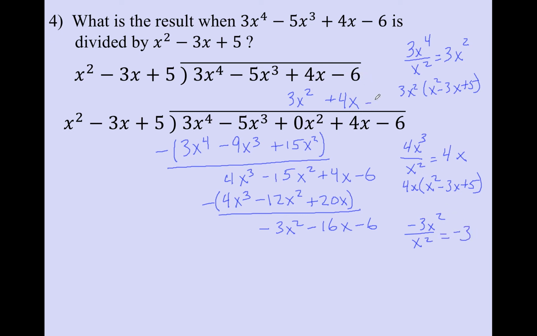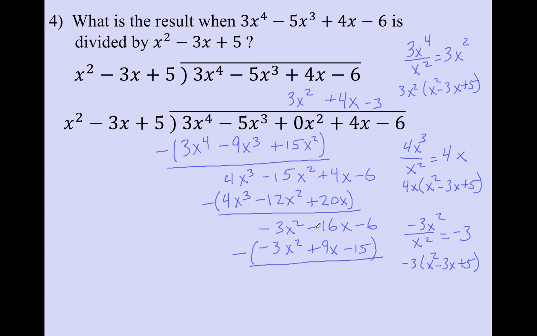Put the negative 3 up here. And then we do negative 3 times x squared minus 3x plus 5. That becomes negative 3x squared plus 9x minus 15. Draw the line, parentheses, subtract.